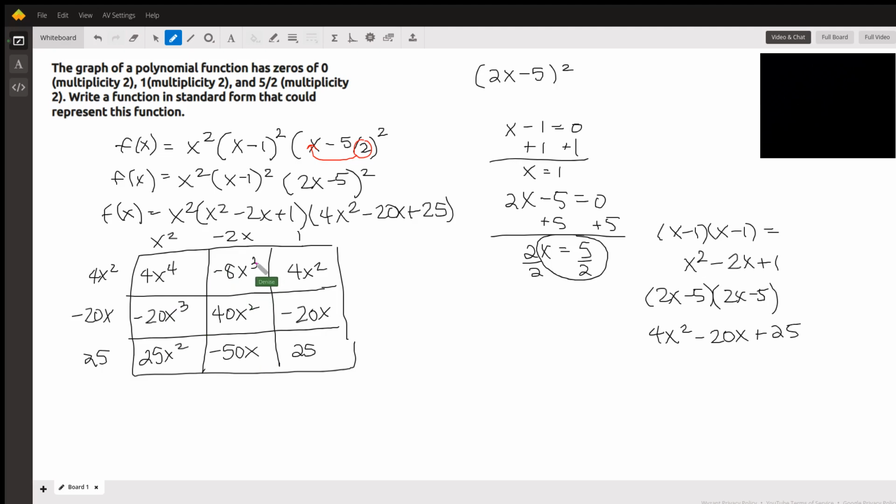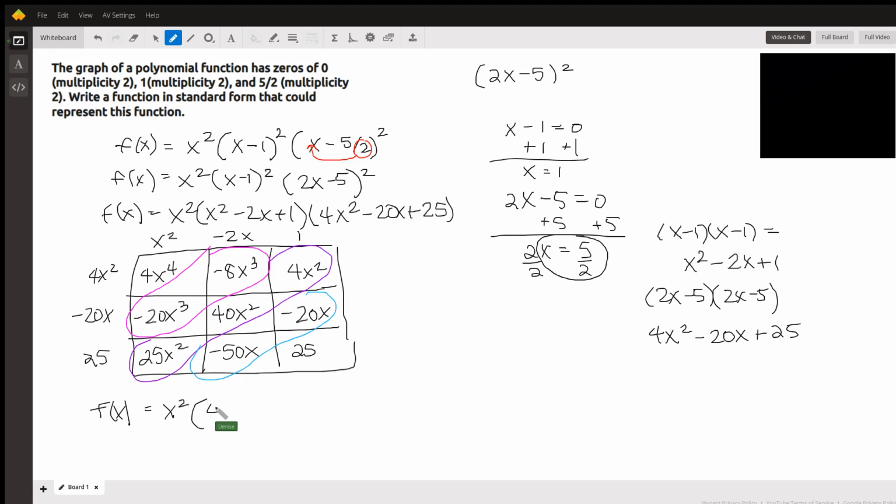So I can see I have the cubes here, squares there, x's here. So if I combine like terms, I also can't forget that I still have my x squared here. I haven't done that part yet.